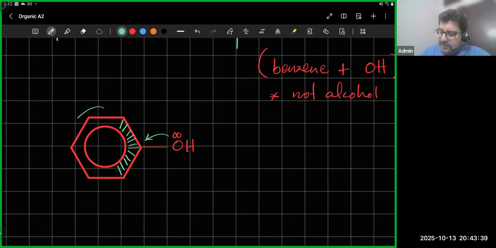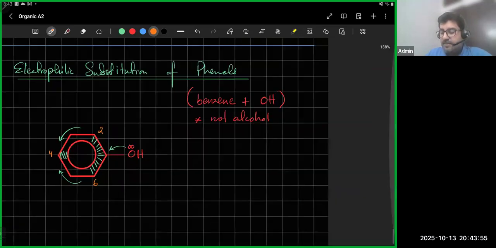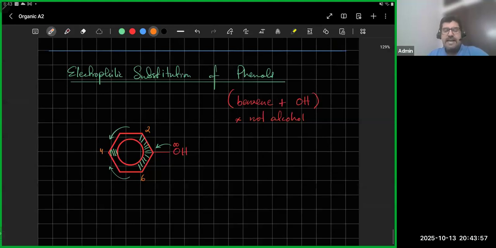The other electrons get pushed to the other side, so the electron density is higher there as well. So again, it's 2, 4, and 6, but the difference compared to an arene, which is an alkyl benzene, is that electron density is now significantly higher at positions 2, 4, and 6.